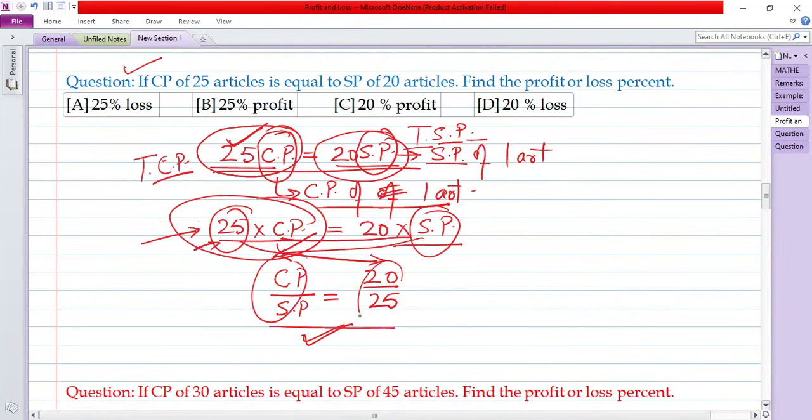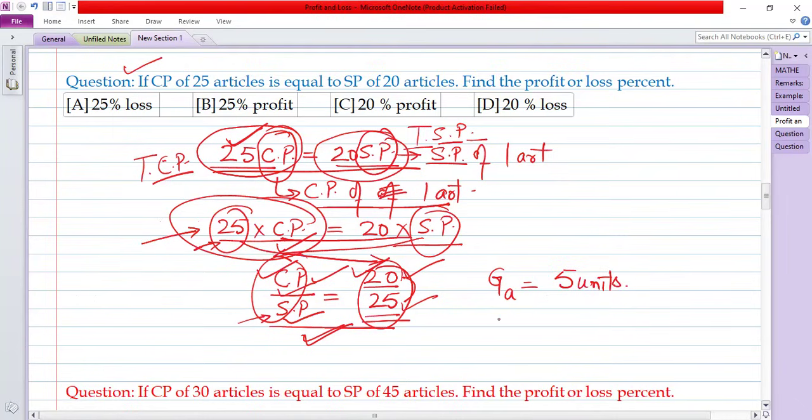It means that if the cost price is 20, then the selling price is 25. So the difference between cost price and selling price, obviously, is the gain amount. And what is the gain amount? It is 5 units.